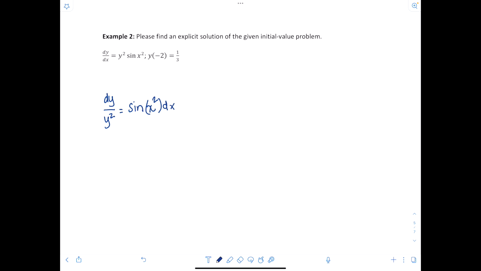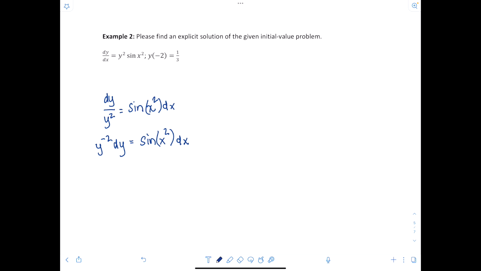Now, the left side won't be an issue. Just have y to the negative 2 dy equals sine of x squared. But the right-hand side, you might have noticed, is a non-elementary function, meaning that we can't integrate it analytically, just like e to the negative x squared.